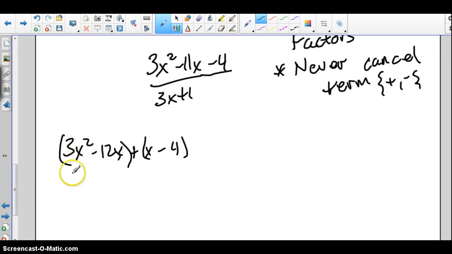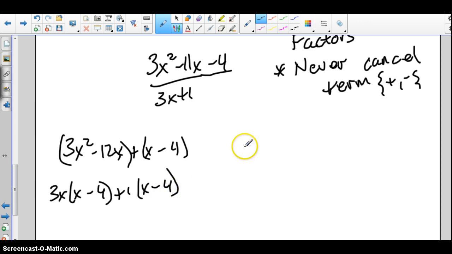So now I'm going to factor out what I can here. I'm going to factor out a 3x and factor out a 1 here. And my numerator then is going to be 3x plus 1 times x minus 4 all over 3x plus 1.